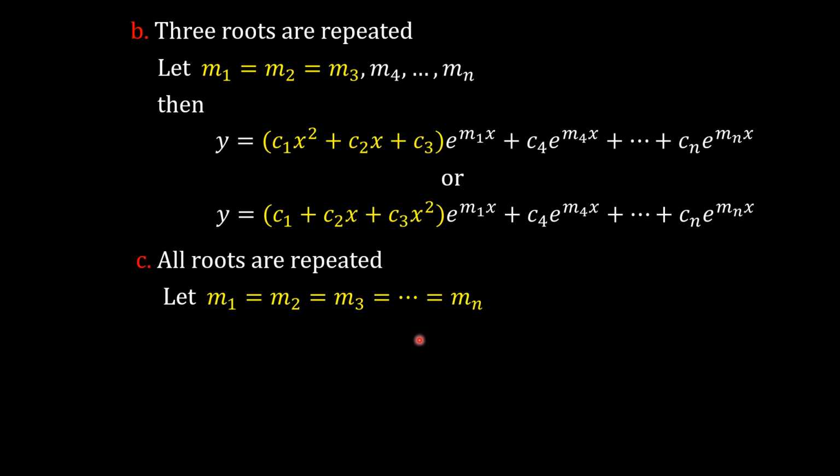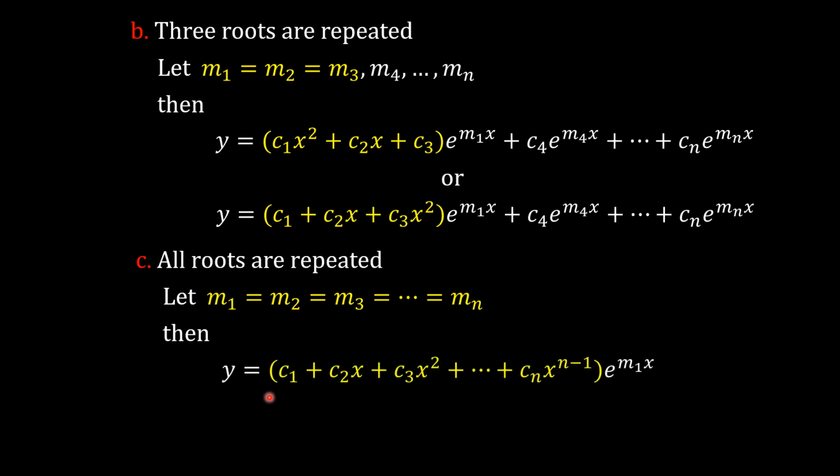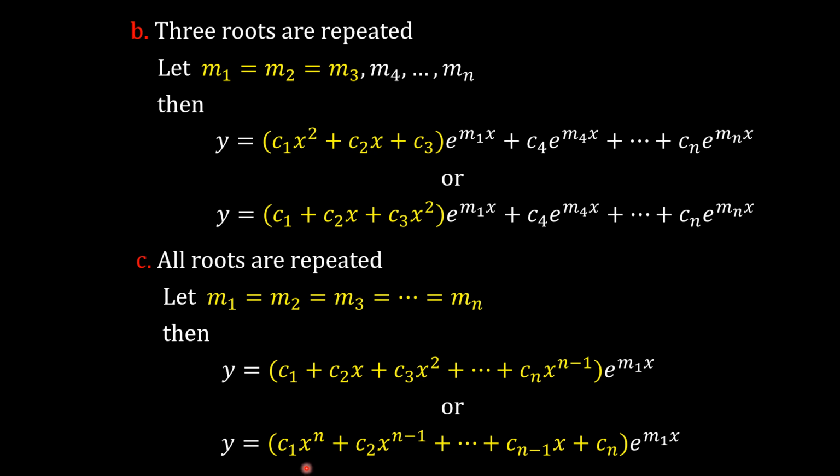Now using the previous cases, the general solution can be written as y is equal to (c1 plus c2x plus c3x square plus so on plus cnx raised to n minus 1) into e raised to m1x, or it can be written as y equal to (c1 x raised to n minus 1 plus c2 x raised to n minus 2 plus so on plus cn minus 1 x plus cn) into e raised to m1x. So this is the case when roots are real and repeated.